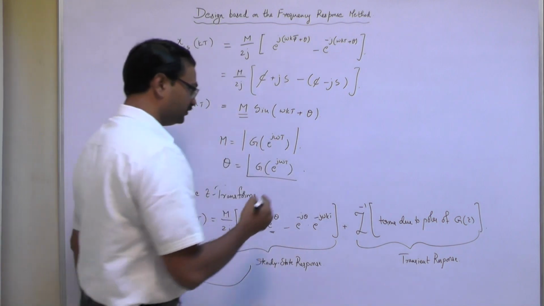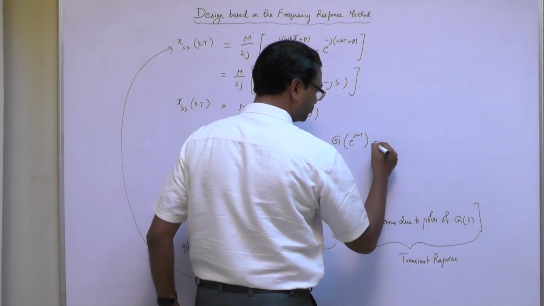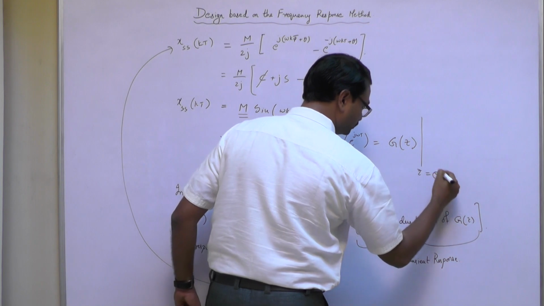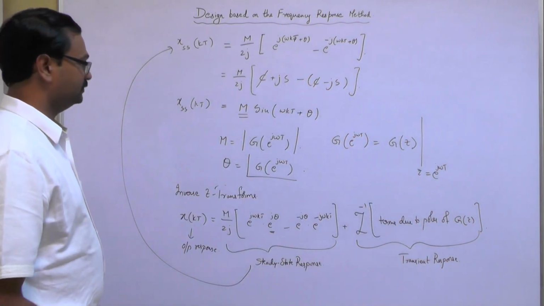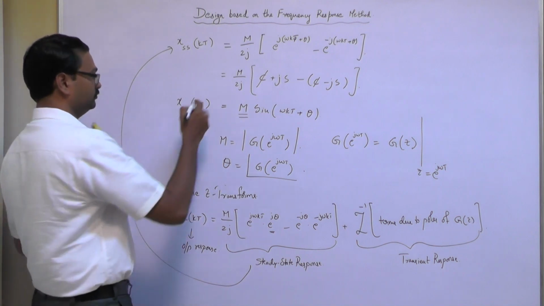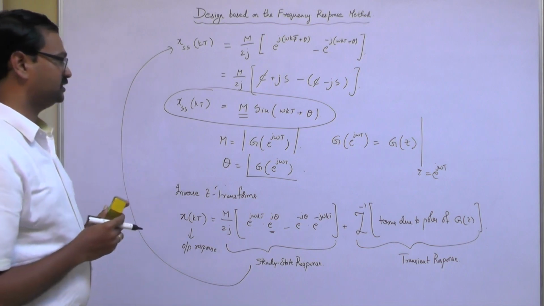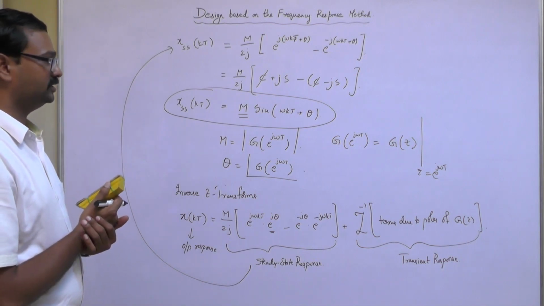And we know G(e^(jωT)) is nothing but G(z) when z is equal to e^(jωT). So this is what we are going to find out, the steady state response x_ss(kT), which is M sin(ωkT+θ).